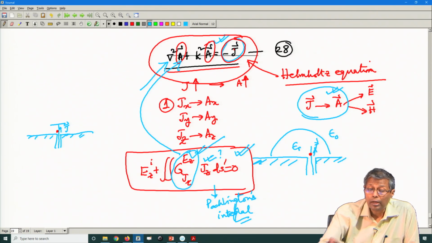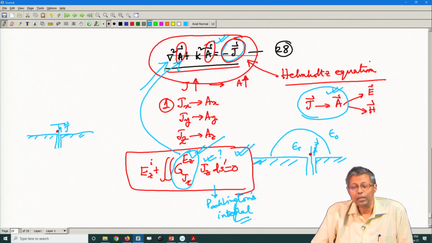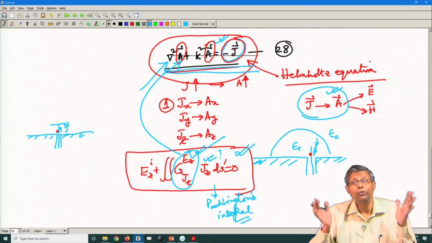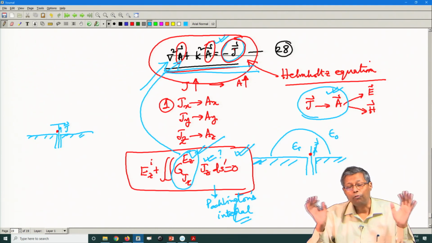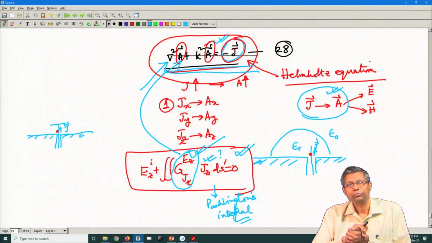So, therefore, the solution to an electromagnetic field problem basically is the solution to the Helmholtz equations along with all the boundary conditions for a unit impulse source, which is the Green's function to the problem.